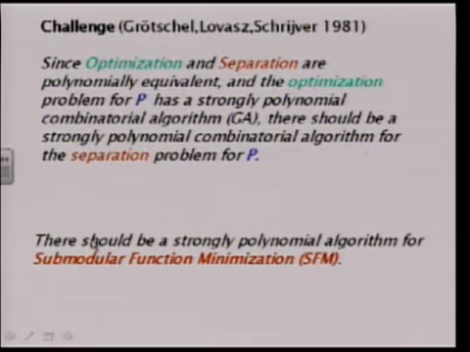Okay, and the separation problem looks easy to us, so mathematically, people conjecture that there should be some strongly polynomial algorithm for submodular function minimization. Does that make sense?